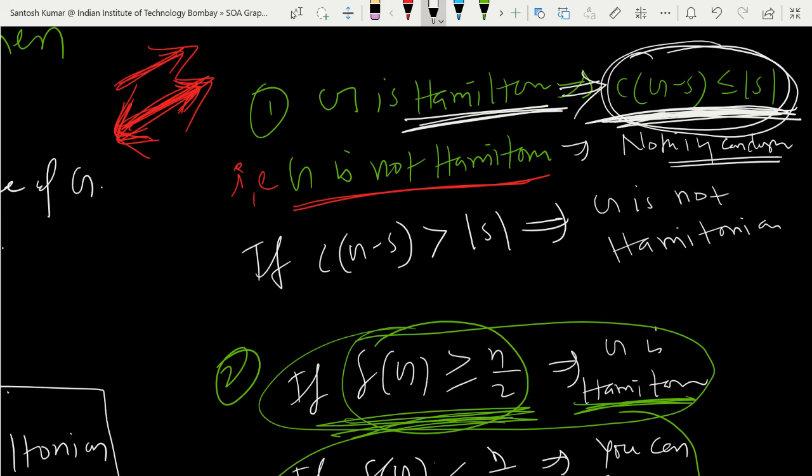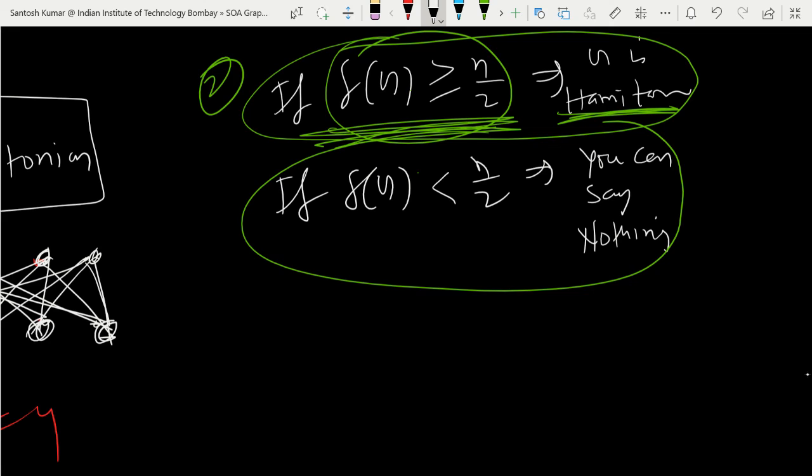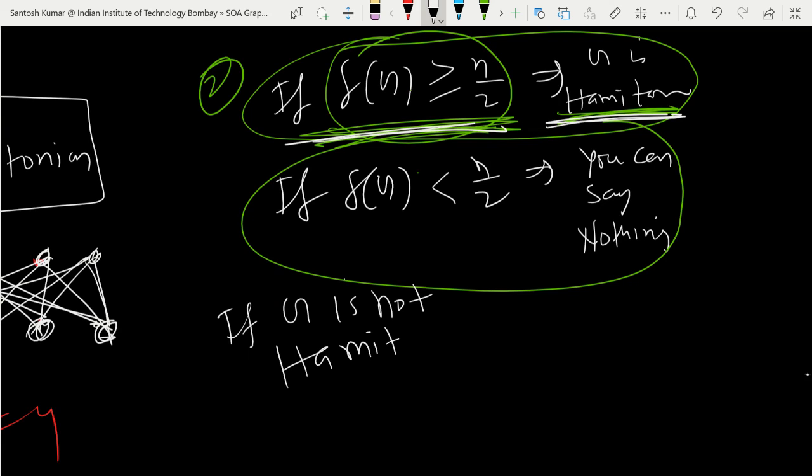And we can write the contrapositive here also. For the second result, if the left side holds, then the right side holds. If the right side doesn't hold, meaning G is not Hamiltonian, then you can say this will not hold for sure: delta G will not be more than n by 2.